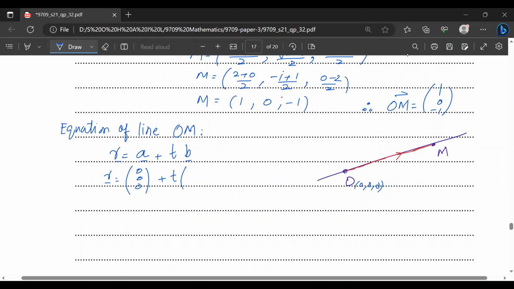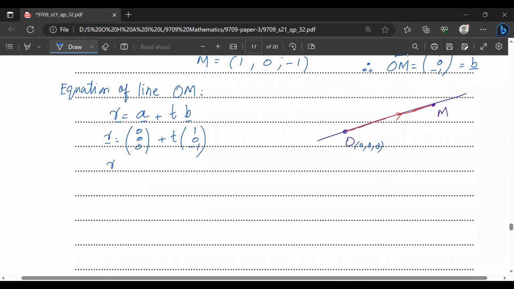So as the line is passing through O and M, and we have the vector OM, this can be treated as the direction vector, (1, 0, -1). So you can simplify this as t(1, 0, -1). This is the line OM.